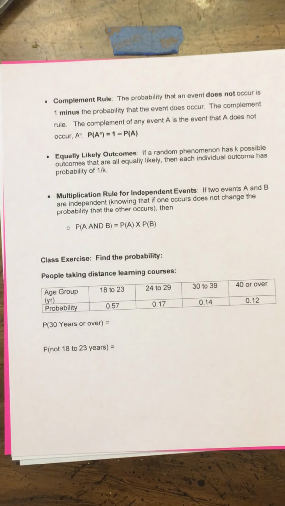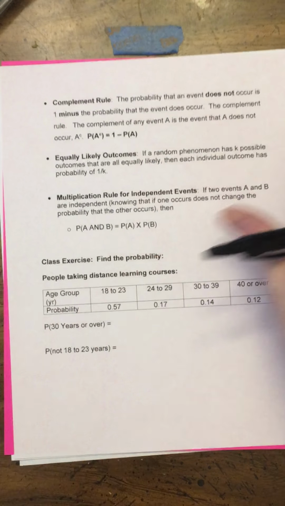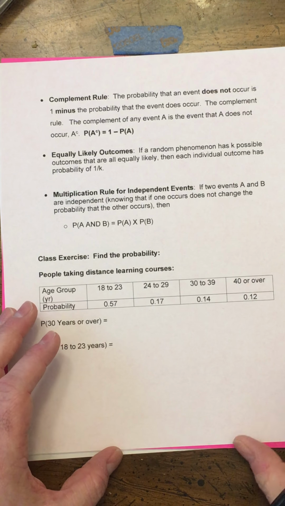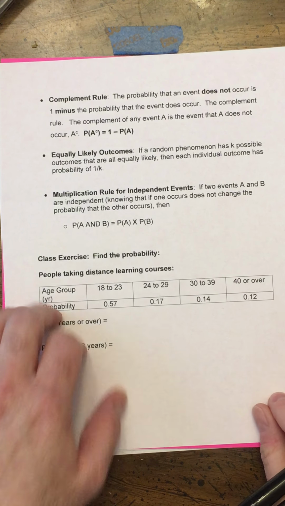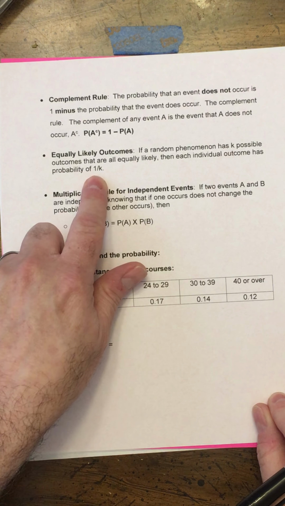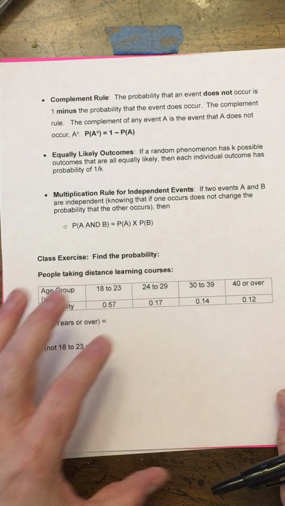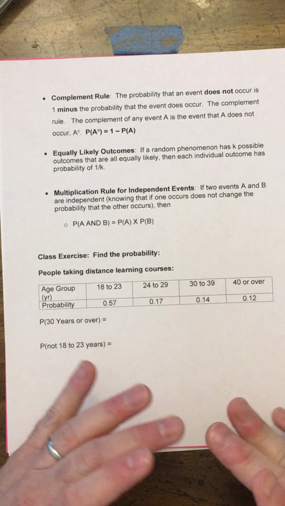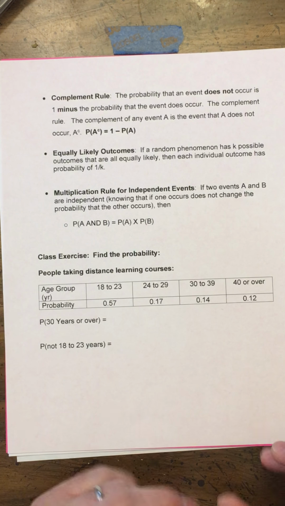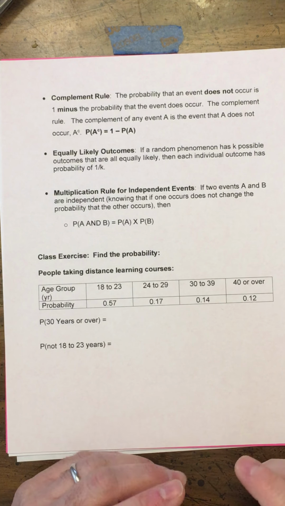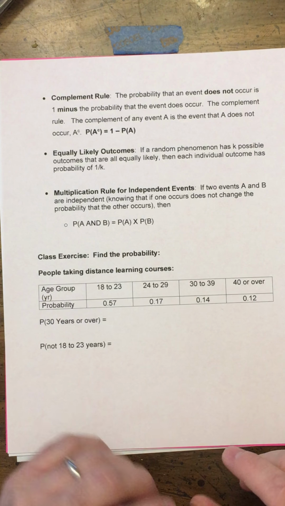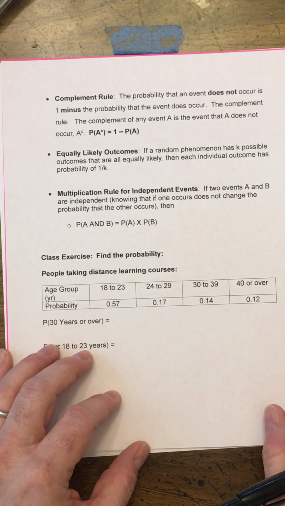Equally likely outcomes. If a random phenomenon has k possible outcomes that are equally likely, then the probability of each individual outcome is 1 over k. For example, if you spin a spinner with 8 equally sized sections, the probability that any one section shows up is 1/8.